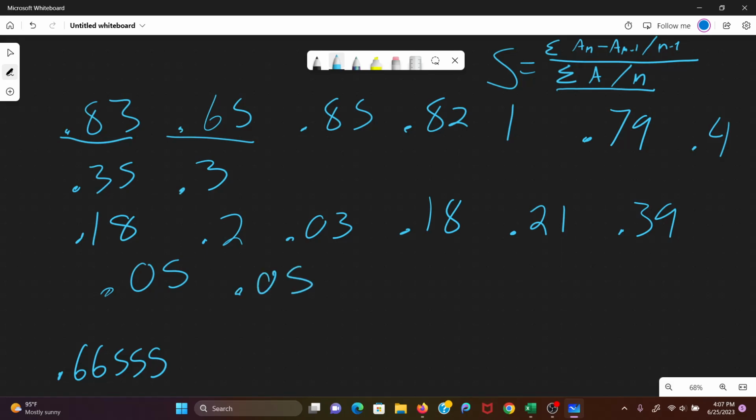That's 1, 2, 3, 4, 5, 6, 7, 8. Okay. All right. In this case, n minus 1 is 8. Should be 8 numbers here.